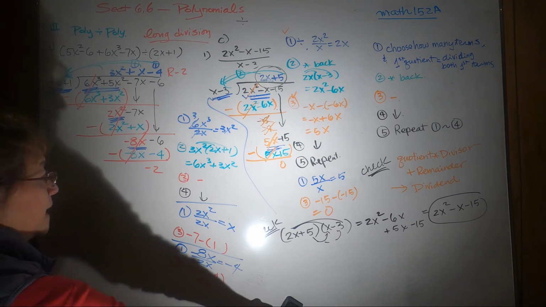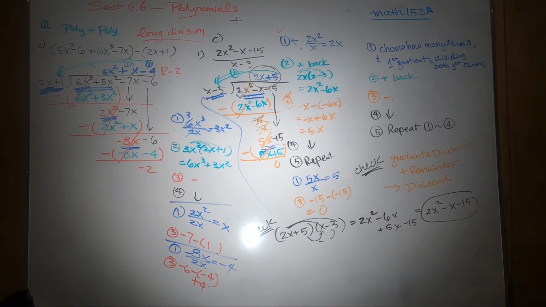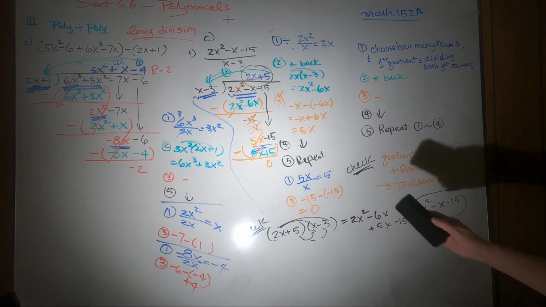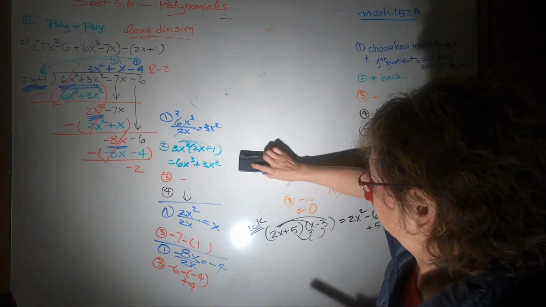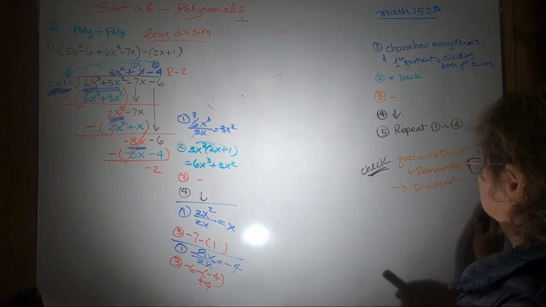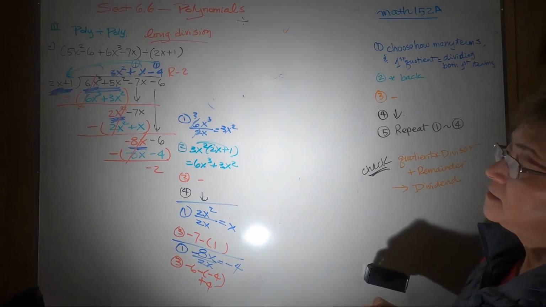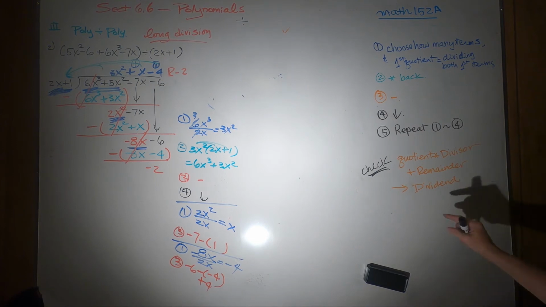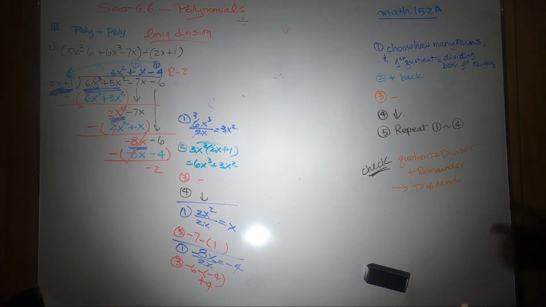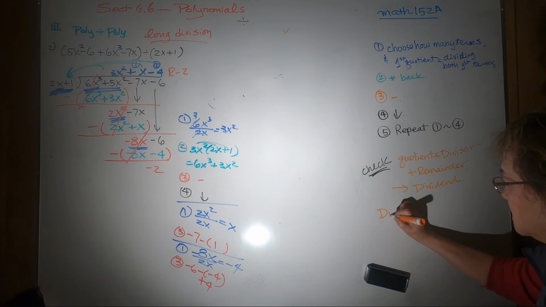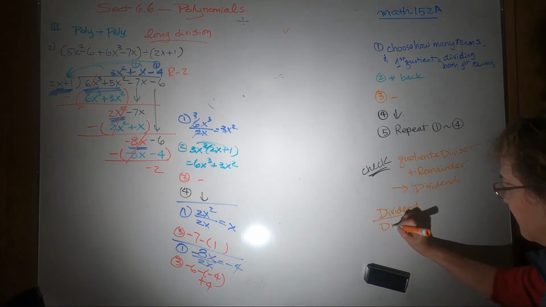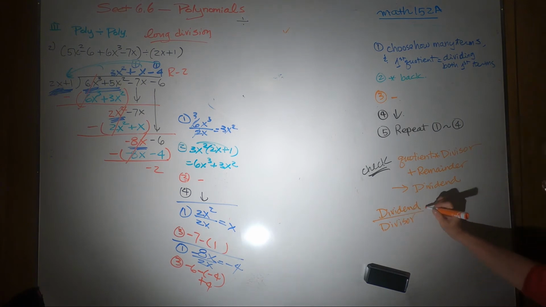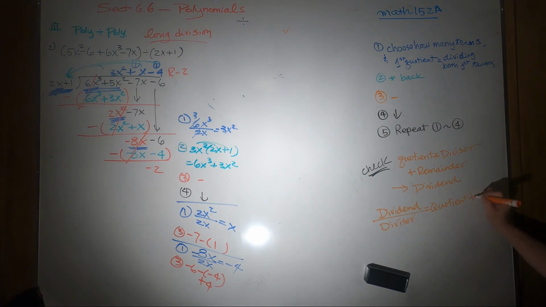Okay, then how would you write your answer? You write the quotient. You write the answer this way. Dividend divided by divisor equals what? Your quotient plus what?